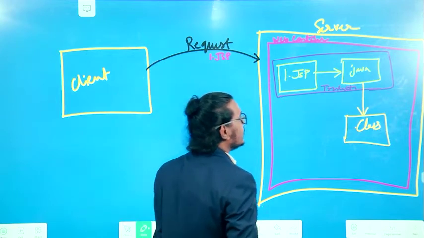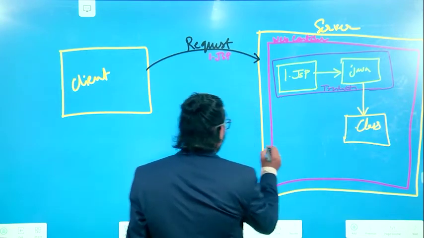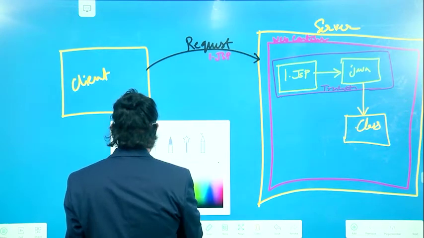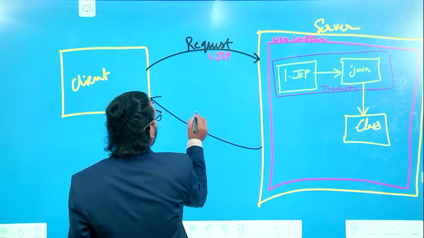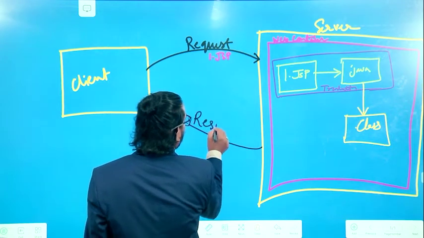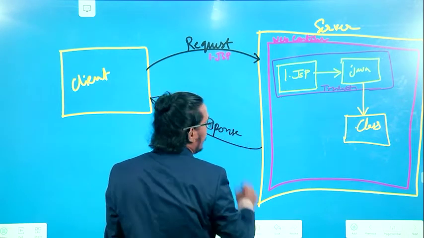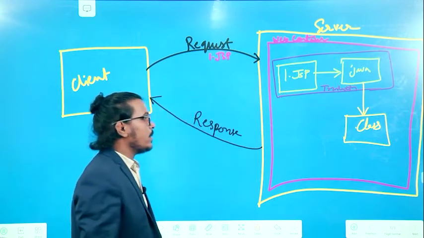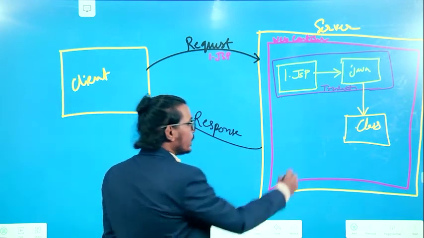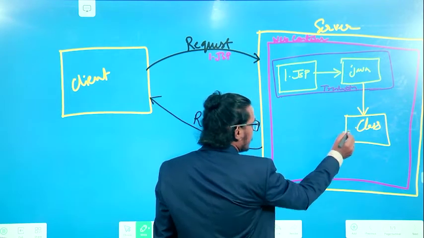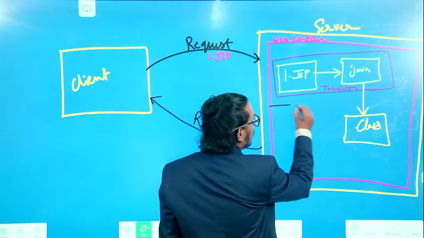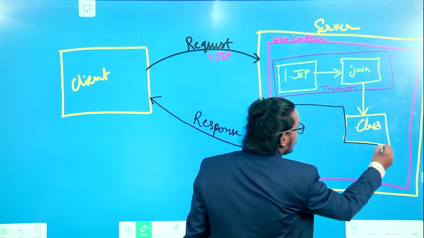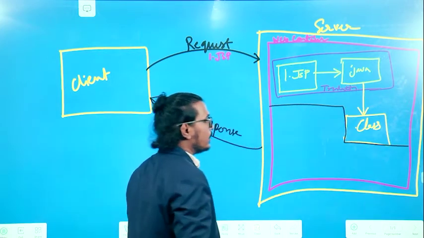Once your execution is done, we forward that particular response back to the client machine, and this is called a response. Now we'll see what types of objects we are referring to in this execution.